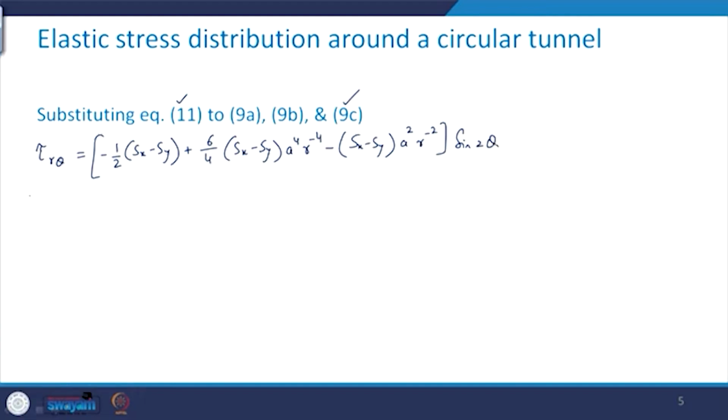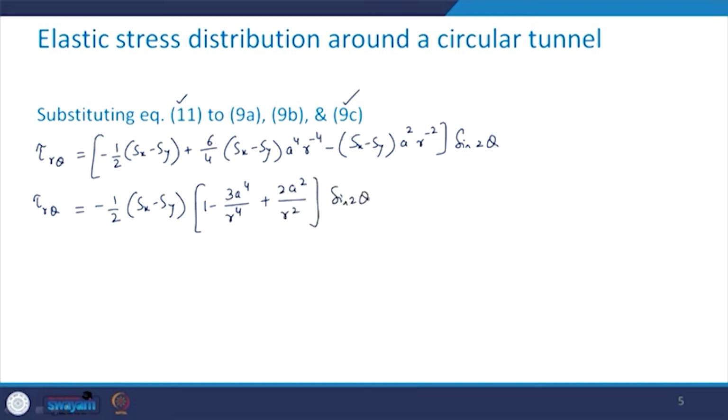On simplifying, we get tau r theta equal to minus half Sx minus Sy into 1 minus 3 a to the power 4 upon r to the power 4 plus 2 a square upon r square, into sine of 2 theta, and this equation will become equation 12c.